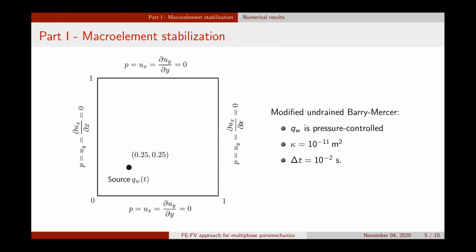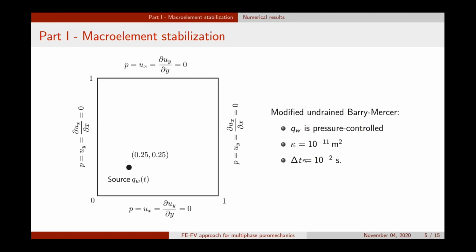In this first part, the macro element stabilization, we'll see how it treats the spurious oscillations that appear. This example shows a unit square where at some point we are injecting fluid in the domain. Those oscillations appear when our fluid and solid constituents are nearly incompressible, and our simulation is close to undrained conditions.